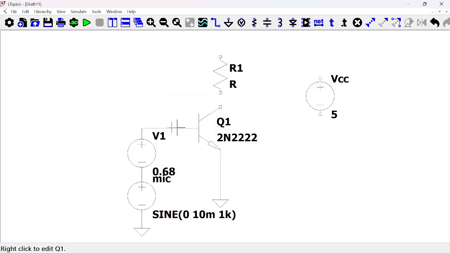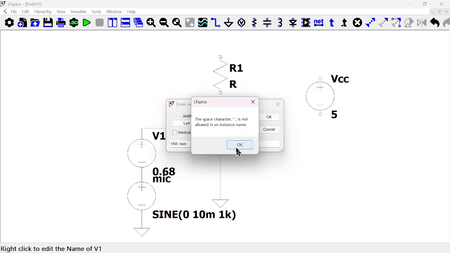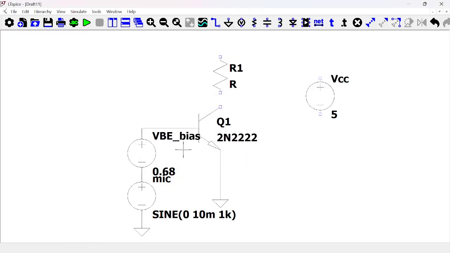And let me call this VBE bias. Okay, so I can only use a space and leave an underscore. I can move things around to make my work neat.